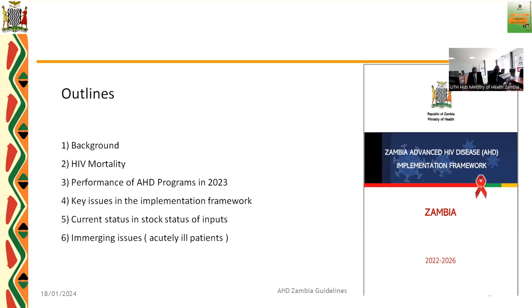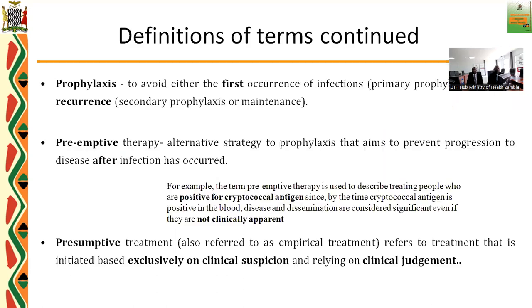It shows where we are going and how we would like to do it. We also share a little bit on the stock status of AHD inputs. This is a question that we always get, and we'll look at the emerging issues, especially with regards to acutely ill patients. There's some development over there.